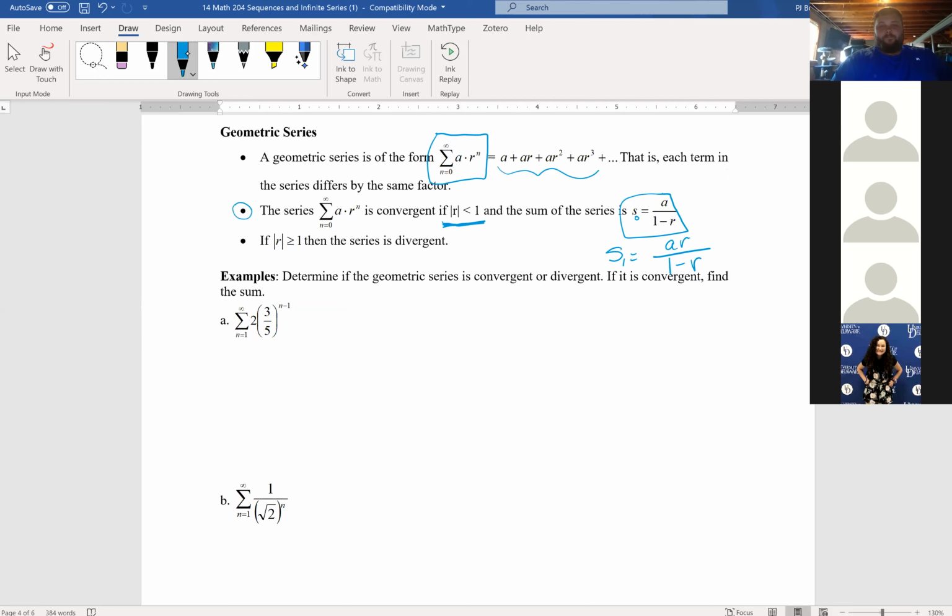I know I'm throwing a lot of stuff at you, but we'll do some problems and hopefully it'll kick in. The important thing right now is, how do I make a series look like a geometric series? And it converges if the absolute value of r is less than 1. Otherwise, it diverges.